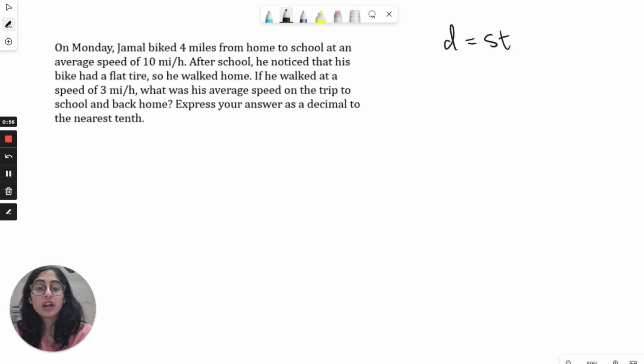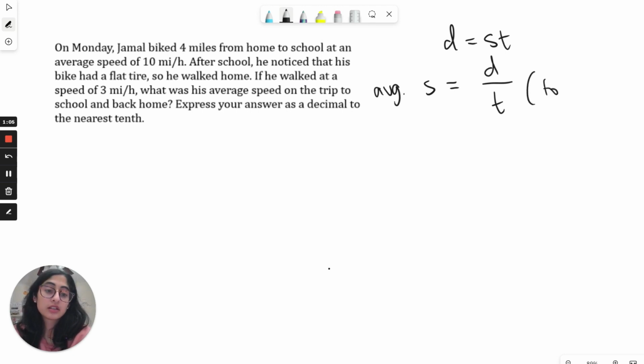And so if we're looking for our average speed, we can just divide both sides by t and get that the average speed is going to be your total distance divided by your total time. And that makes sense again, right? Because if you go a total distance of 30 miles in a total time of 1 hour, well, then your average speed is 30 miles per hour during that time period.